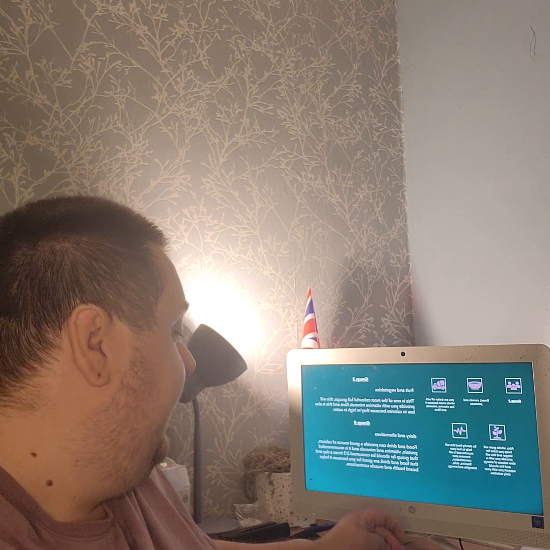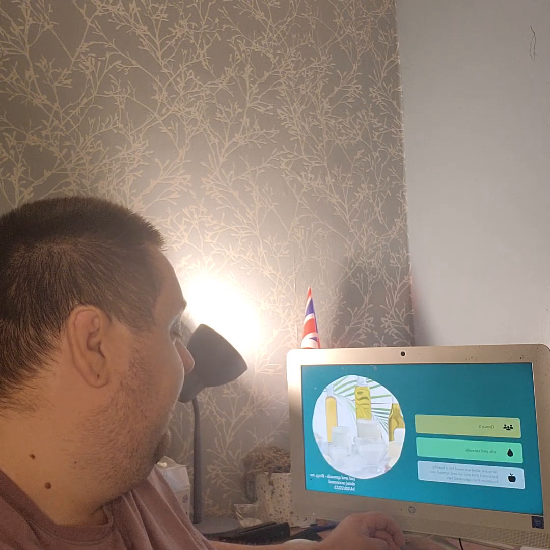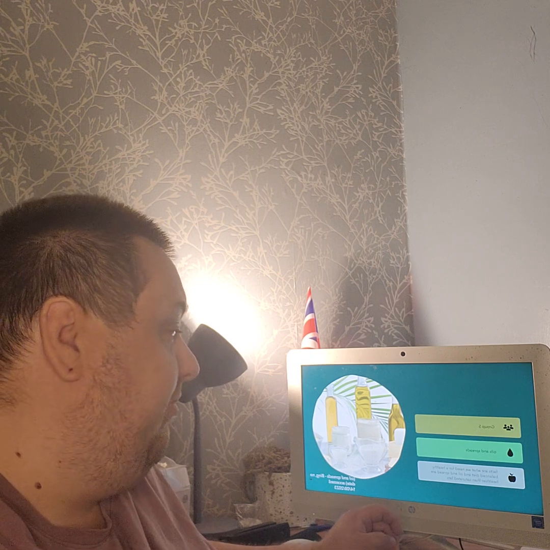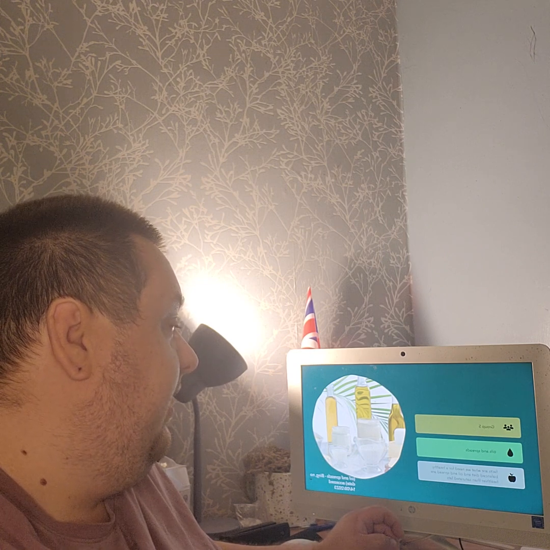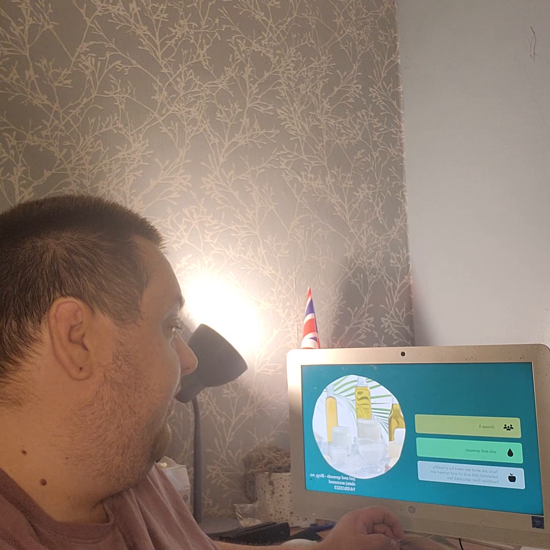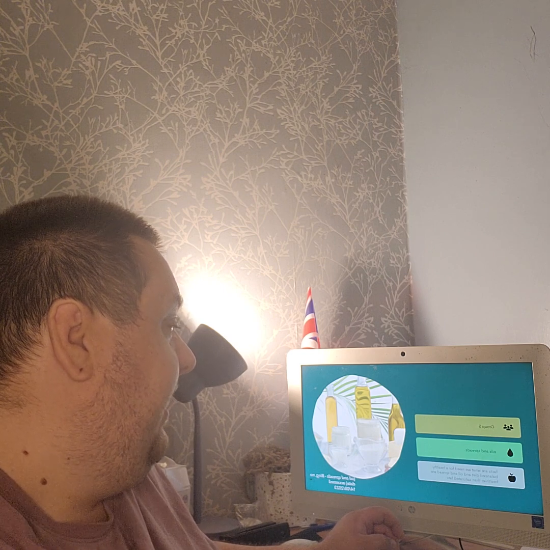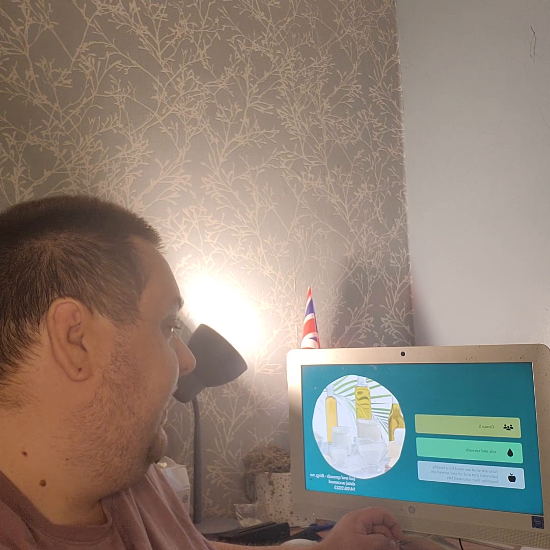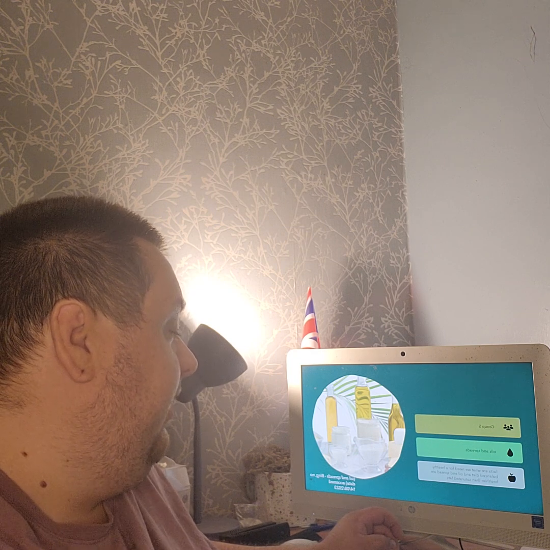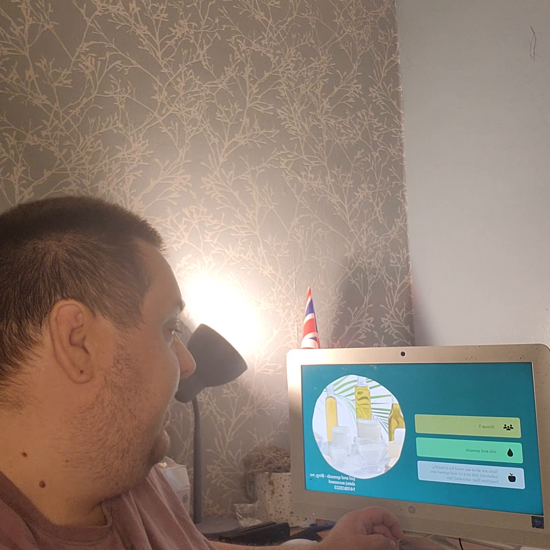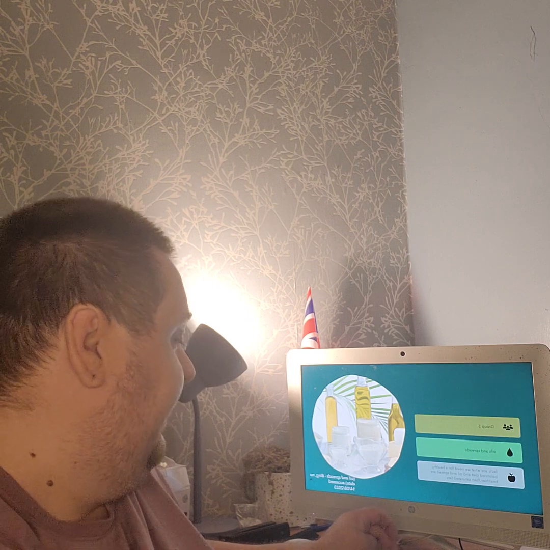Group 4, which is dairy and alternatives. Group 5 is oils and spreads. And these groups are what we need for a healthy, balanced diet. And all oils and spreads are healthier than saturated fats.